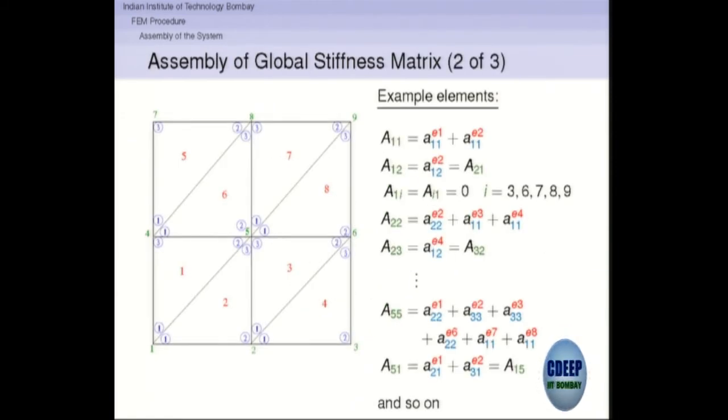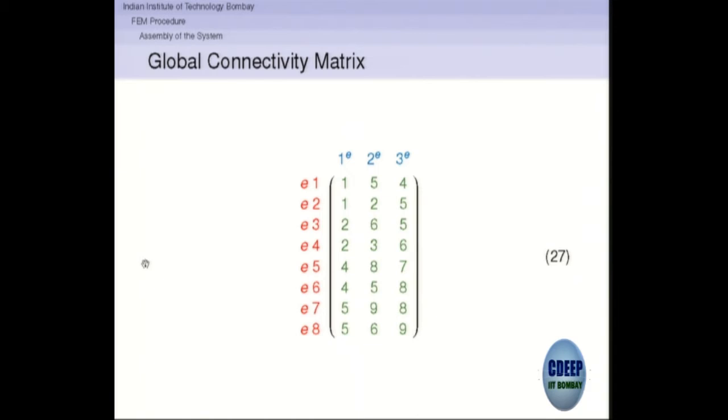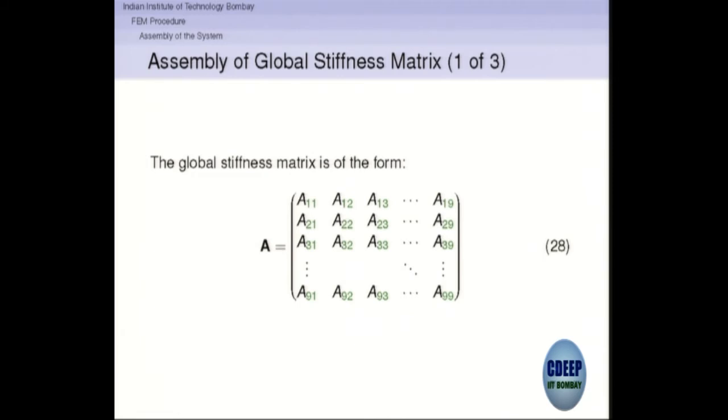See, the element number 1 has global numbers 1, 5 and 4, right. Then element number 2 has another set of node numbers as its vertices and so on. So, our final aim is to form what is called the global stiffness matrix, which represents the total energy of the system, right.